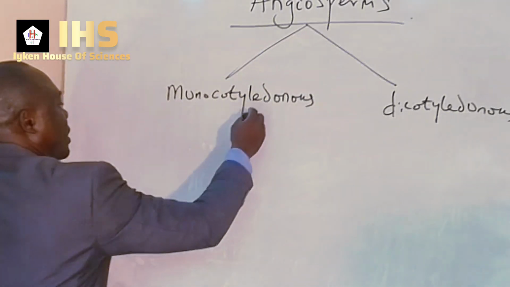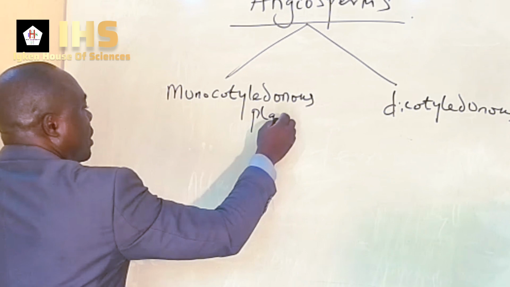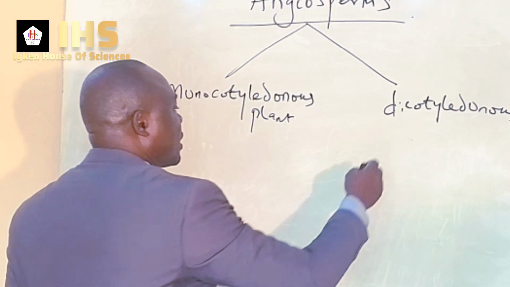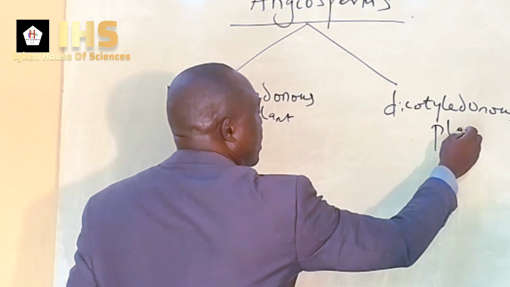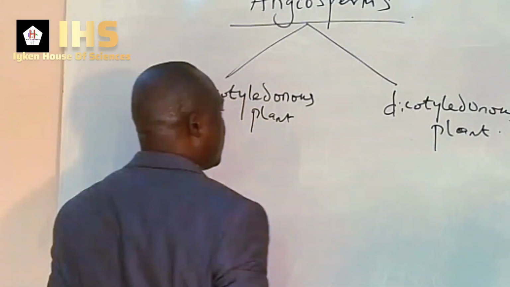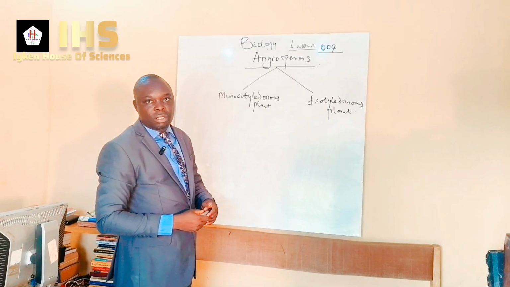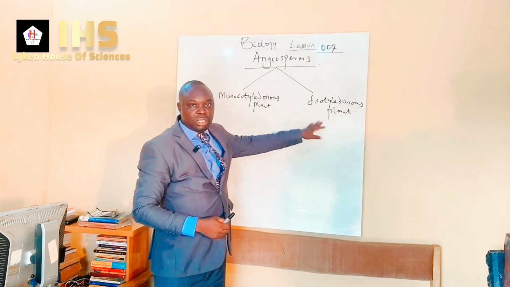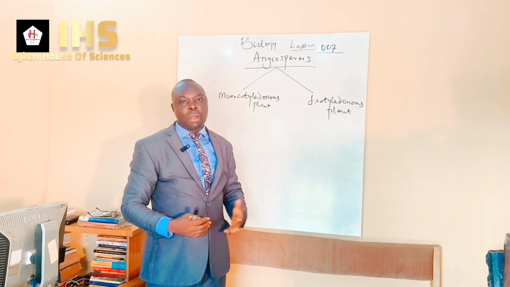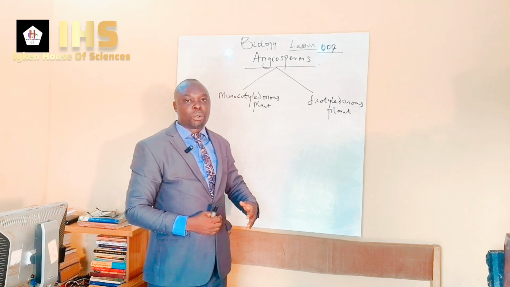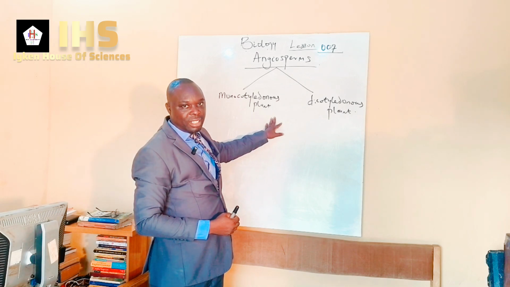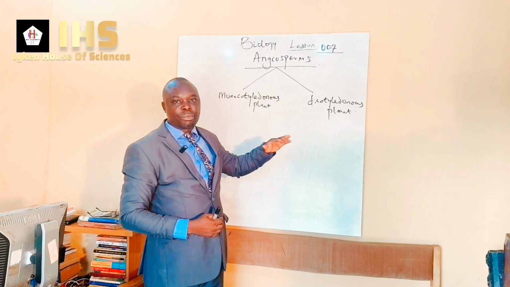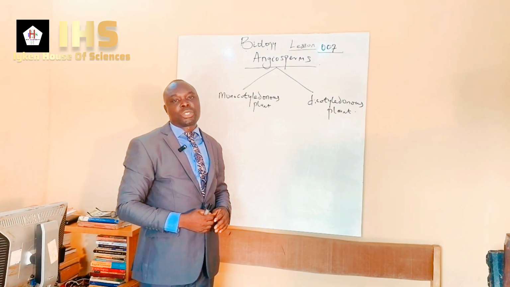Monocotyledonous plants and dicotyledonous plants. Both the monocots and dicots produce flowers, and they produce seeds that are enclosed in seed coats.